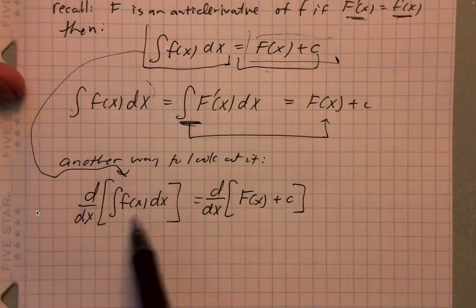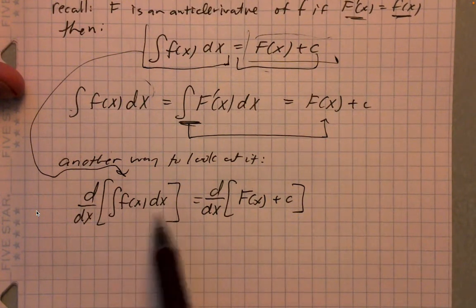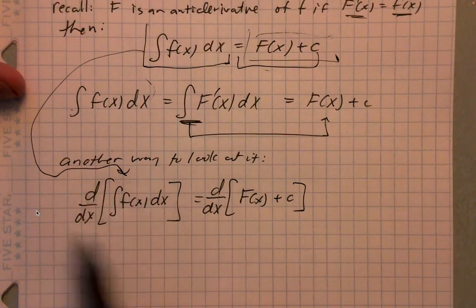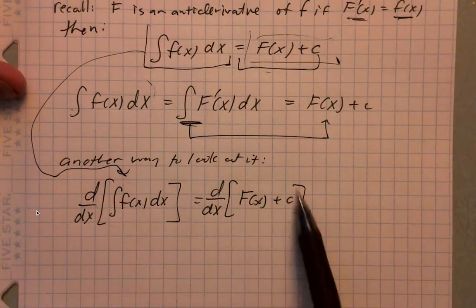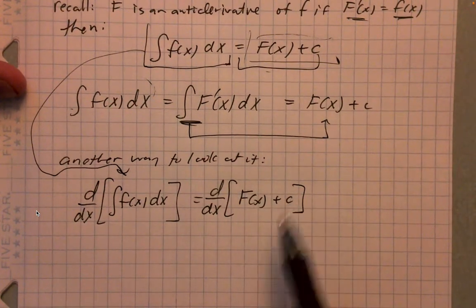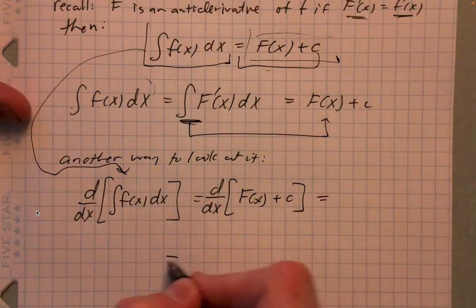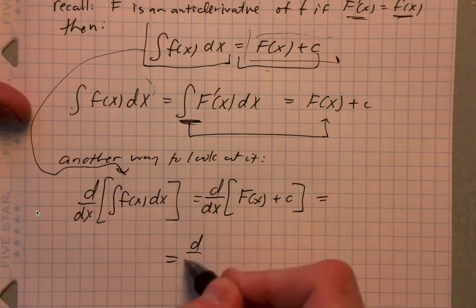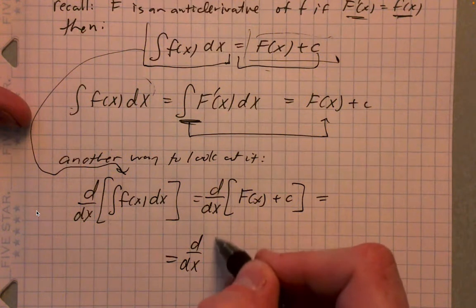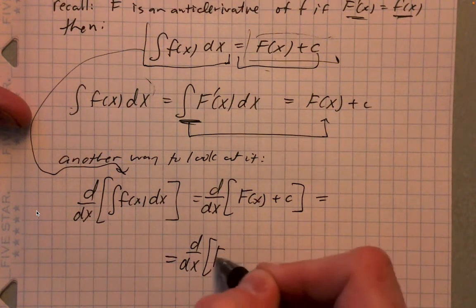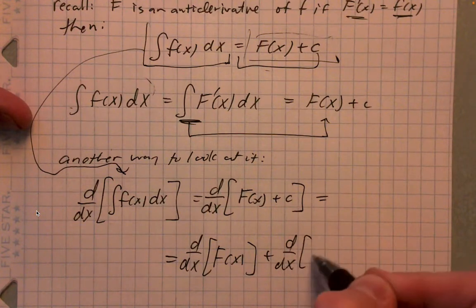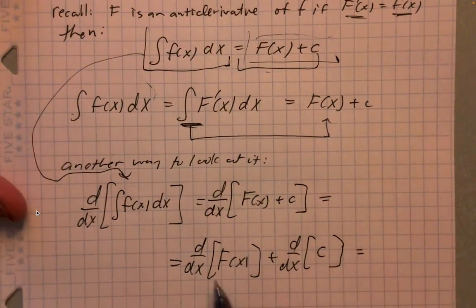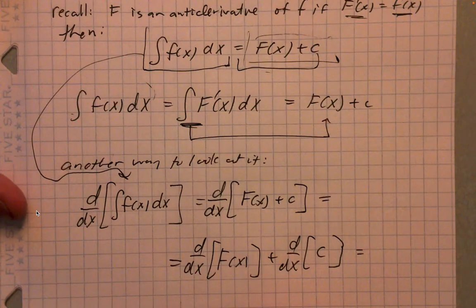So if we start with the integral of little f of x dx and we differentiate that with respect to x, then that's the same thing as differentiating the family of antiderivatives, okay, which is what? Well, we'll be very, very thorough here. That's d/dx of big F of x plus d/dx of the constant. What's the derivative of big F of x?